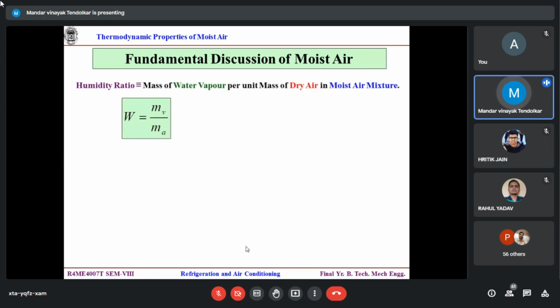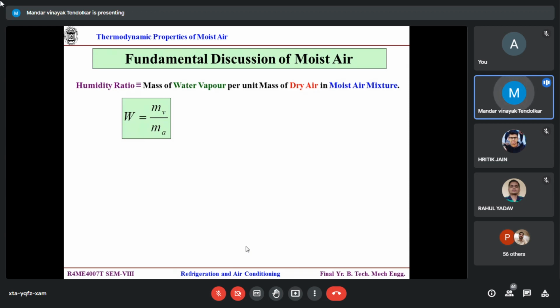Now we introduce certain definitions which we would be using while deriving the final thermodynamic equations. The first definition is humidity ratio. Now read the definition very carefully. Mass of the water vapor present in this air, per unit mass of dry air in the mixture.